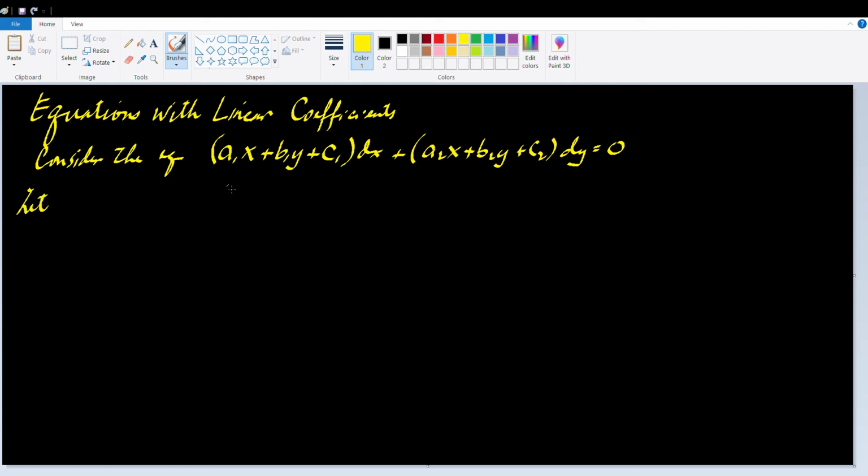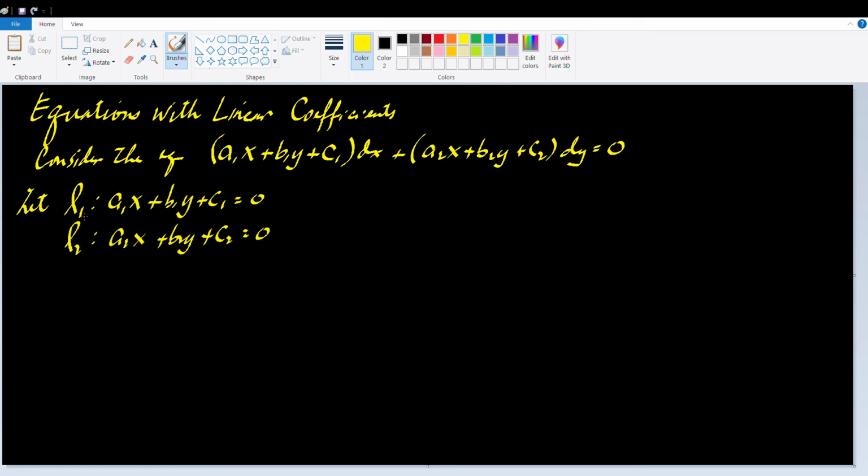Let us pluck out the coefficients of dx and dy and let L1 be the line a1x + b1y + c1 = 0, and line L2, a2x + b2y + c2 = 0.